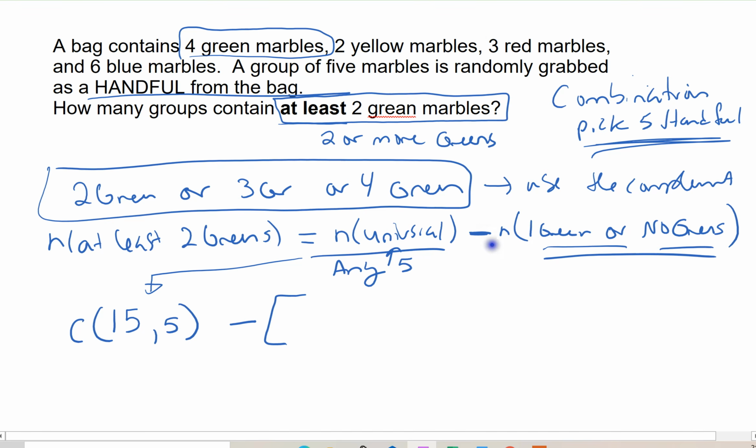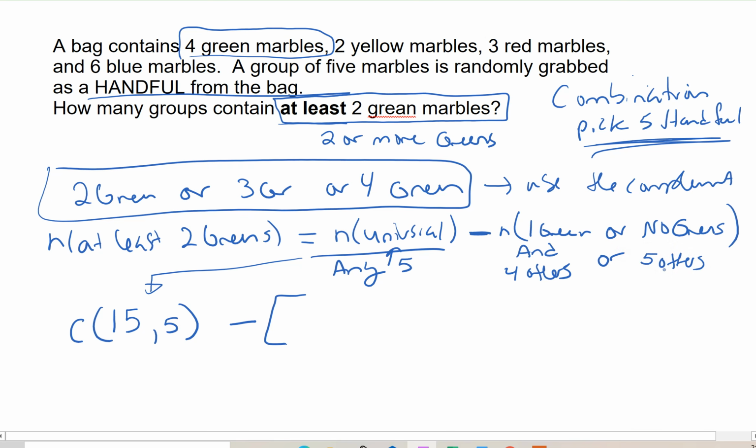Alright, so first the one green case. Remember, if I've got one green, I still have to finish out my handful. So if I've got one green, I still need 4 others, others that are not green. Or no green, which means there are 5 others.